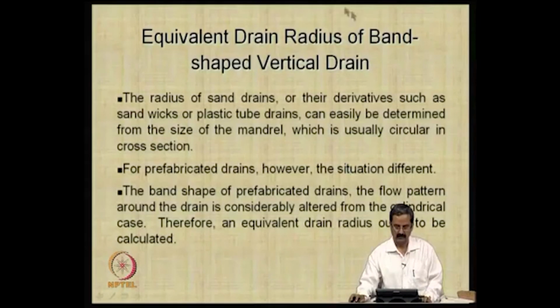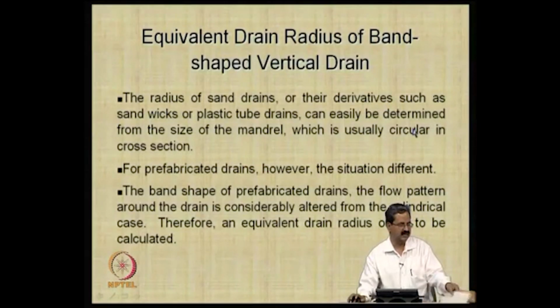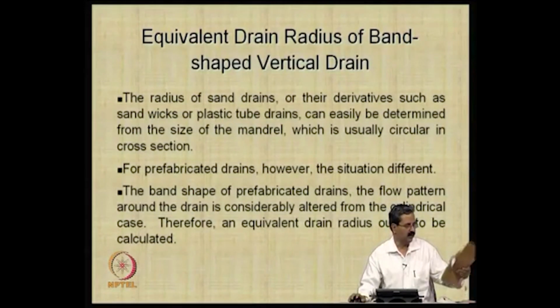So as I just mentioned, the sand drains or the derivatives such as sand wicks, whether it is a coir one or a jute one, these are all its derivatives. Sand drains are circular in cross section, like we just said, 10 centimeters for the drain, but the prefabricated drains are actually easy to install.